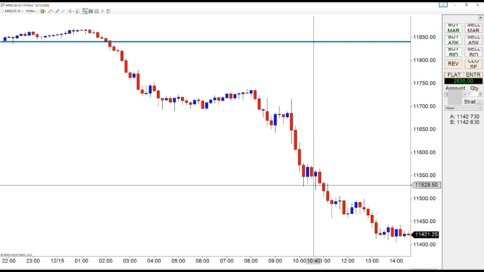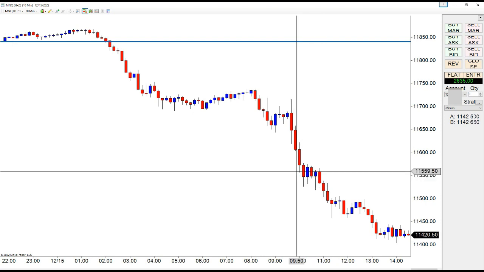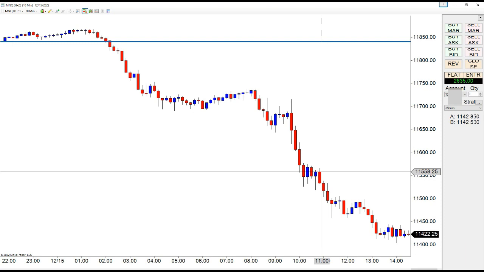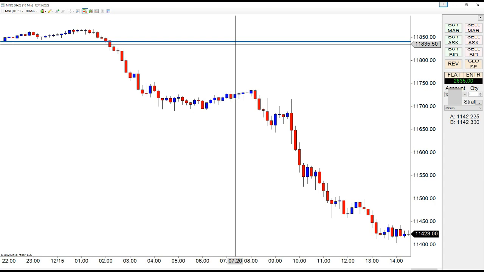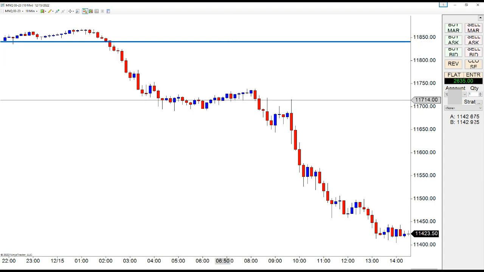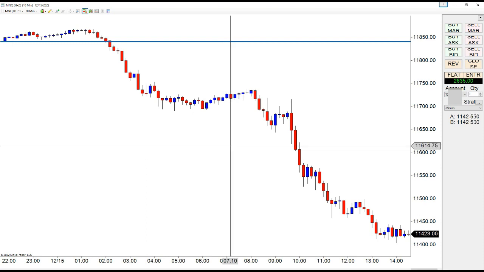So you see this kind of consolidation around the 572. At this point, I did not take anything off because I'm short from 841. So I have less than half a position left, but it's running now.